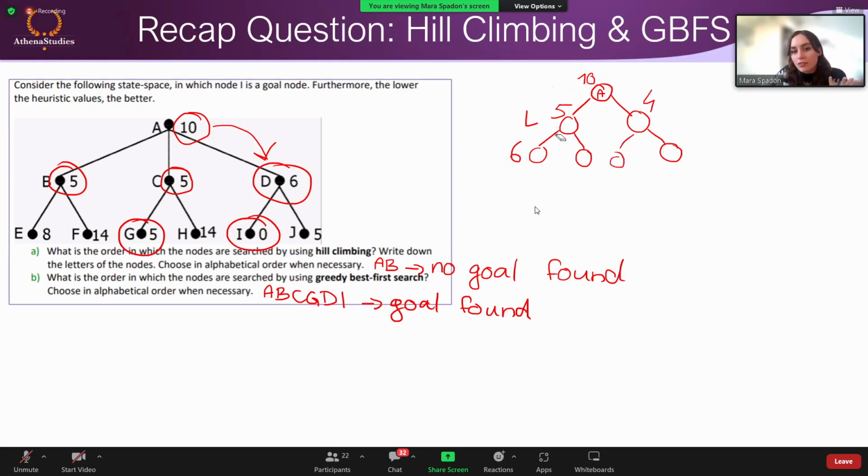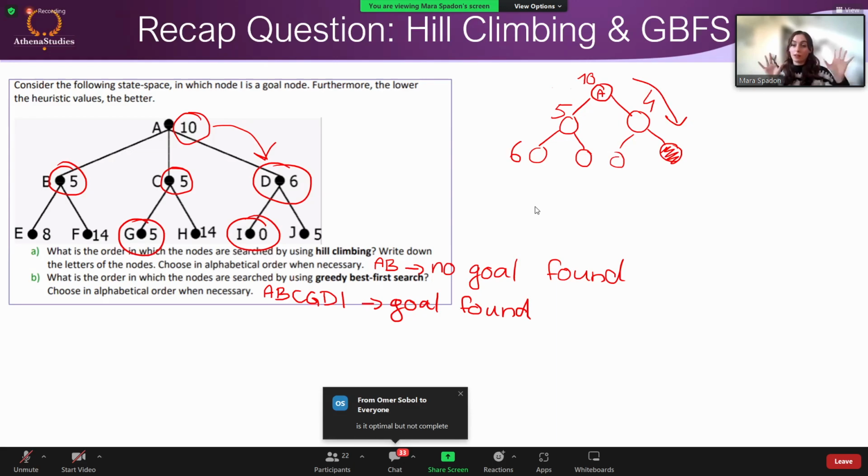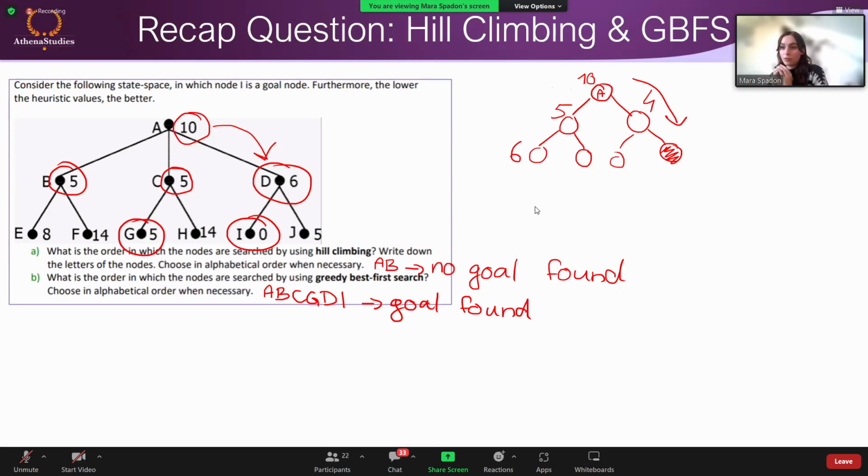In that case, yeah, then it would find it on the right side. So it really just depends on which part of the tree the goal is located. If it decides to go in the direction of the goal, then it will find it; otherwise it will not. So it is optimal, but not complete.